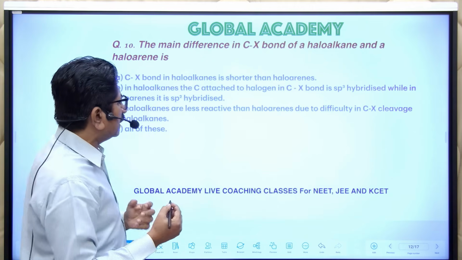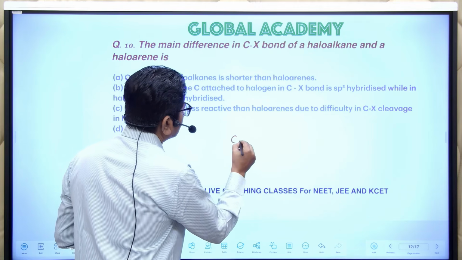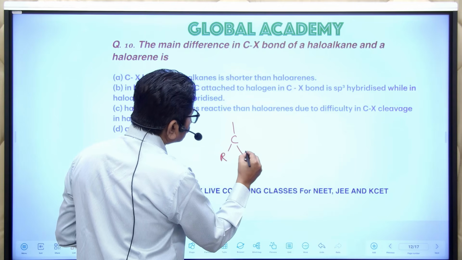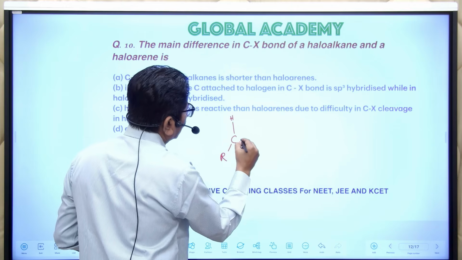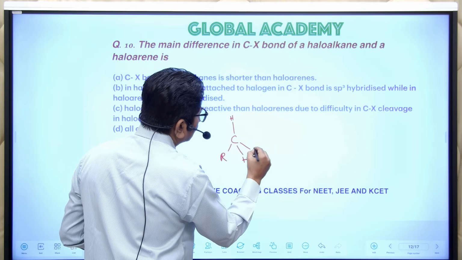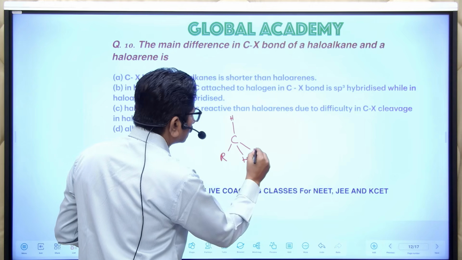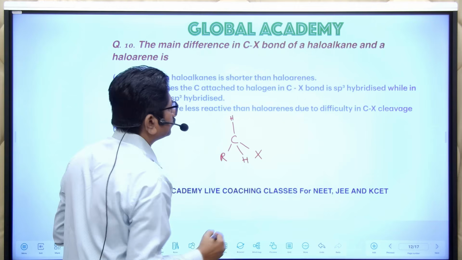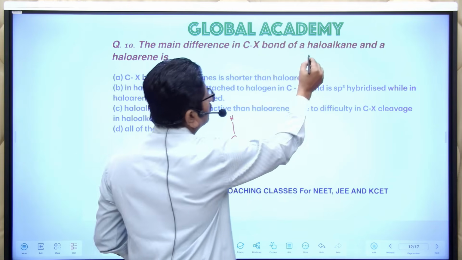So first we'll write the haloalkane. Haloalkane is like this: R, H, and then this is the X. This is the haloalkane.